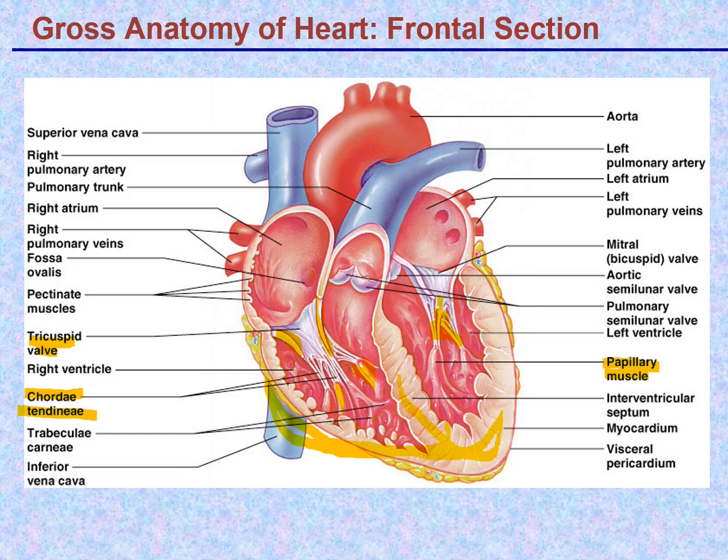So when this contracts, it pulls down, holds it tight so it opens up, and when they relax, the flaps move back in and close.